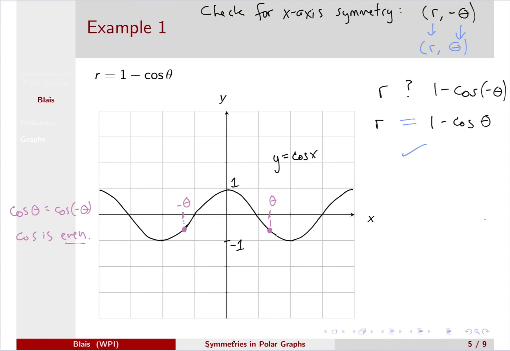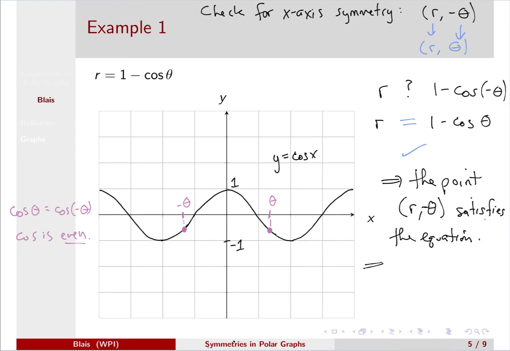So the point (r, minus theta) satisfies the equation, and that means its graph is symmetric about the x-axis.